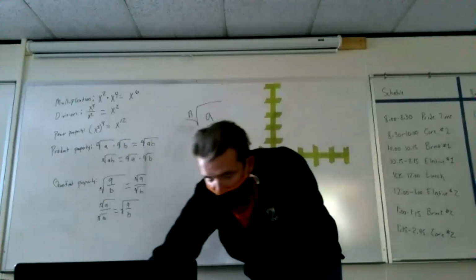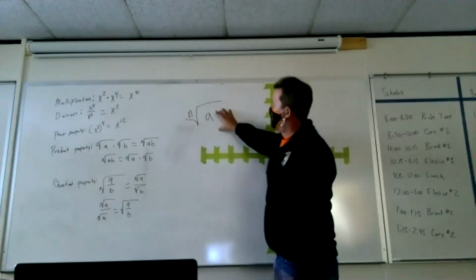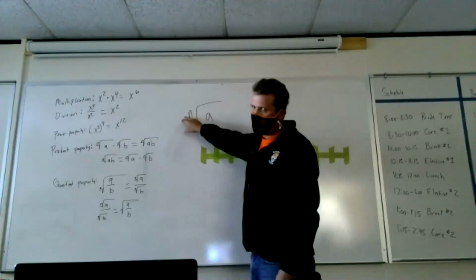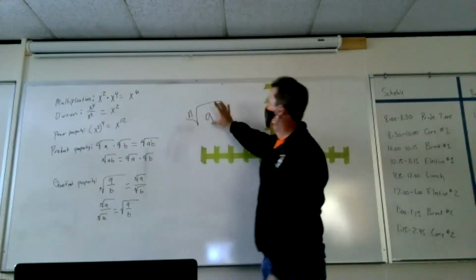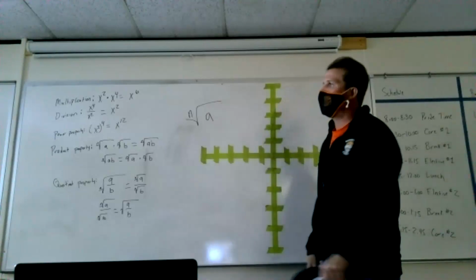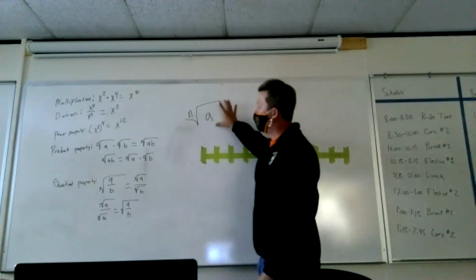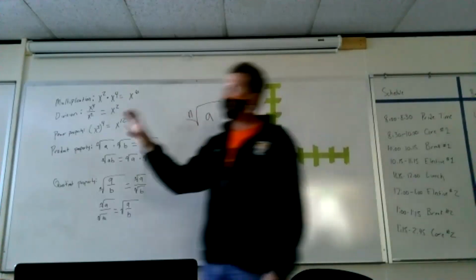Let me spotlight my video. Okay, it's working here. This n is called the index. What's underneath, A, is known as the radicand, or what is underneath the radical. So we have to understand where these two fall to make this table make sense.